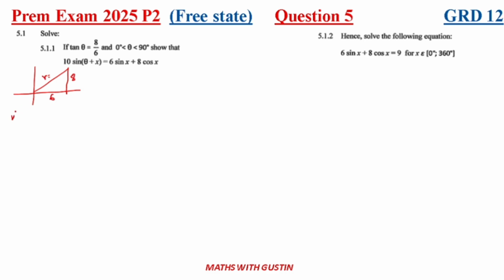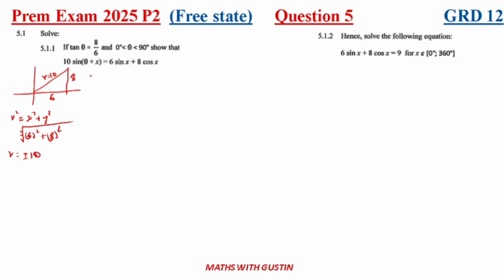We use our Pythagoras theorem: r is the square root of 6 squared plus 8 squared, therefore r is plus or minus 10. But we know it's always positive, so our answer will just be 10.